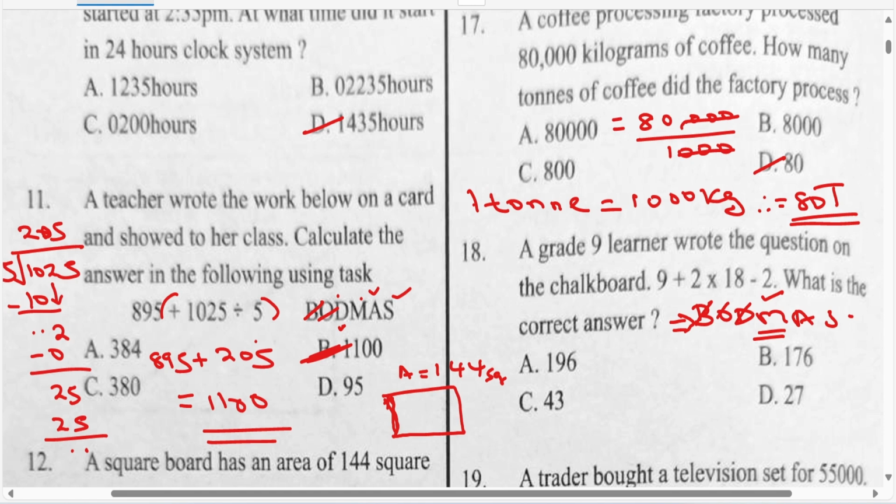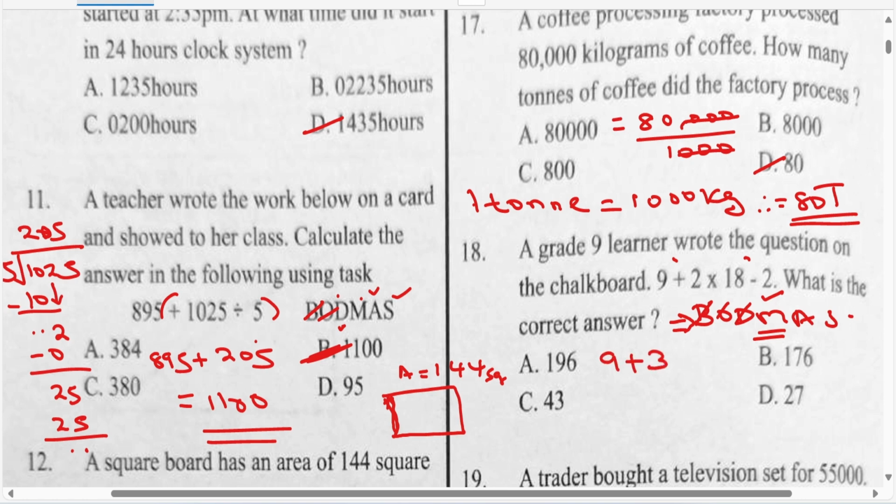Utaanza na multiplication. Now this is a misconception most of the students do. Kitu ambacho mwanafunzi atafanya hapa, atachukua 9 plus 2, atasema 11, then 18 minus 2, atasema ni 16, atachukua 11 times 16, which is basically wrong. So first start with nini? Multiplication. So you take 2 times 18. So 2 times 18 ni 36.